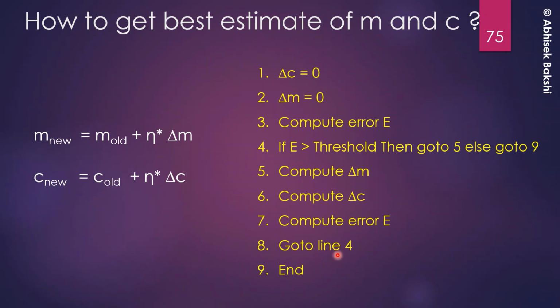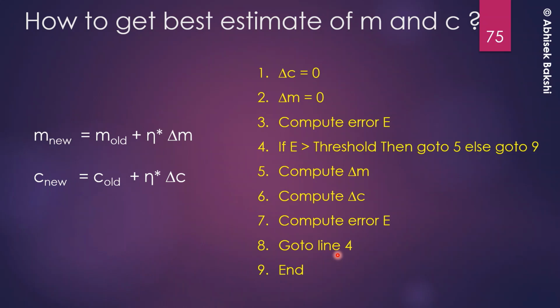It's an optimization algorithm which optimizes the error between the actual output and the predicted output in successive iterations. Now, using this gradient descent algorithm, we can implement linear regression.